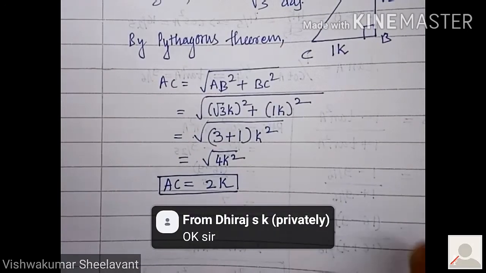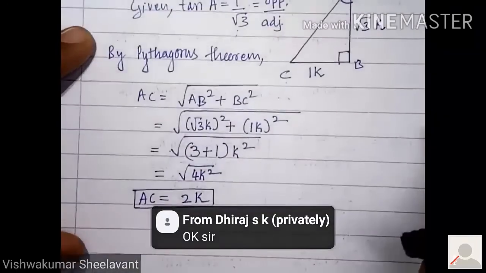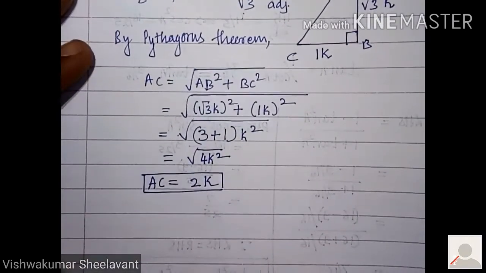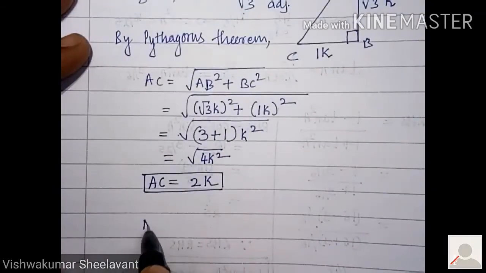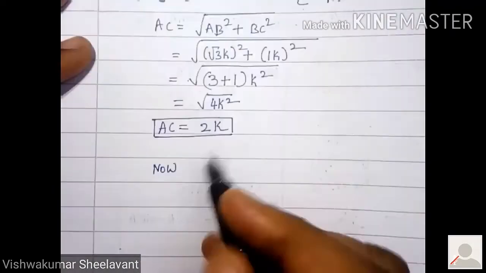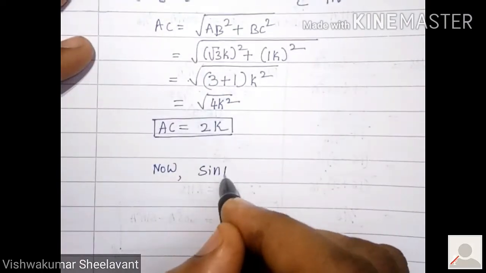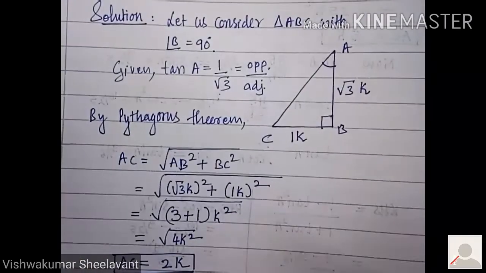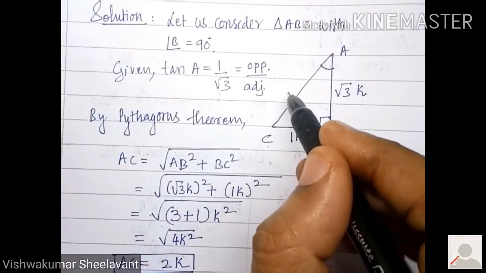Now you have to write sin A, cos A, sin C and cos C, because they are required to evaluate sin A into cos C plus cos A into sin C, and cos A into cos C minus sin A into sin C. Now sin A, look at this triangle again, is opposite side upon hypotenuse.